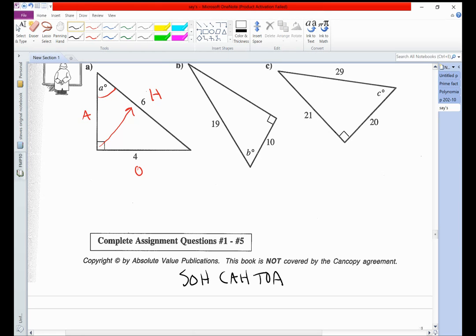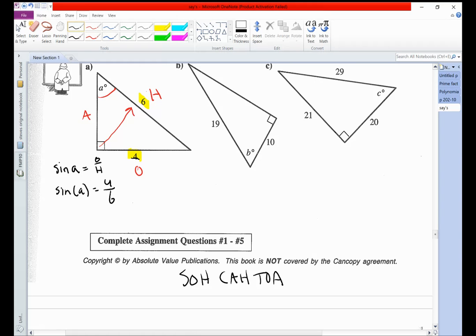I see that I have my opposite, which is 4, and my hypotenuse. So the ratio I'm going to use is the sine ratio. So it's sine of A is equal to opposite over hypotenuse. So I can now write it as sine of A is equal to 4/6.